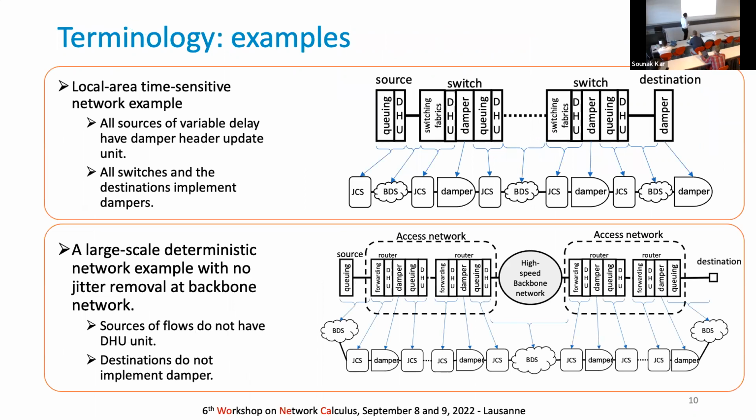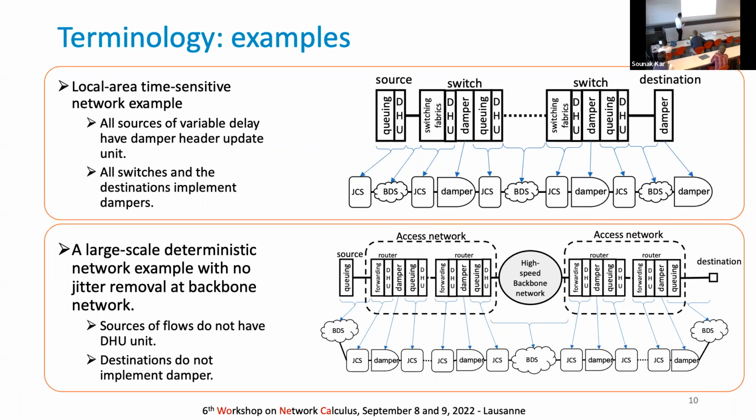Assume there's a local area time-sensitive network, let's say TSN, and we would like to implement a damper at any system to remove all the possible sources of jitter. For example, the damper here removes the jitter from the upstream switching fabric and also the queuing of the source.